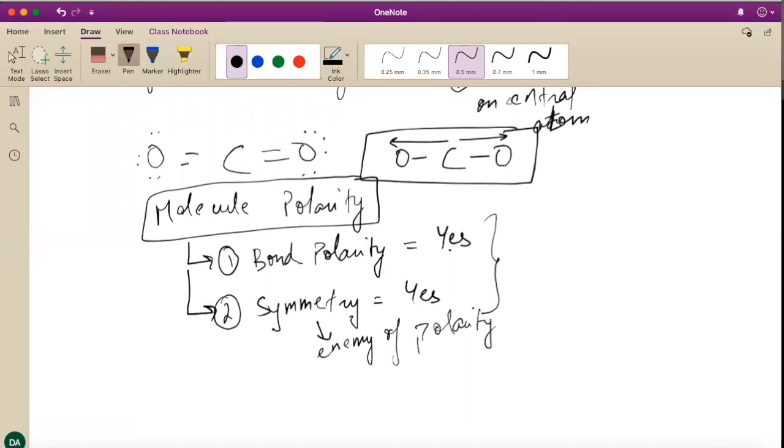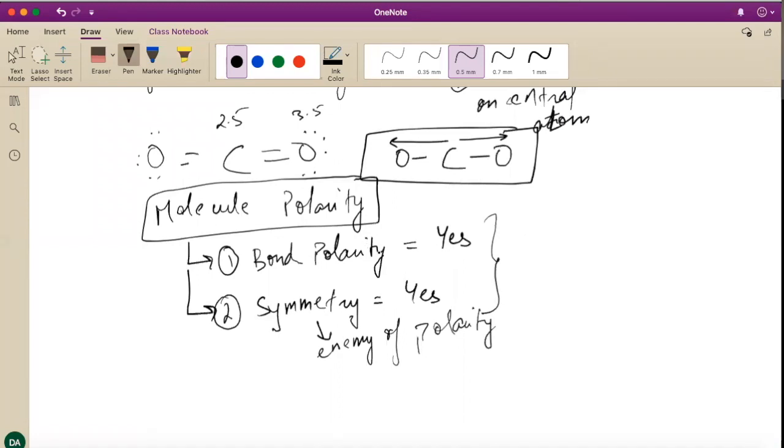You guys told me it is polar because the difference between C and O, C was 2.5, O was 3.5. The difference was 1, and that's more than the 0.5 that we learned. From 0.5 to 1.8, remember, was polar. So this is 1, and that makes the bond polar. Does that make sense so far? Yes. So if the bond is polar, then you look at the second thing, the symmetry. For symmetry, you look at whether the molecule looks symmetrical or not.